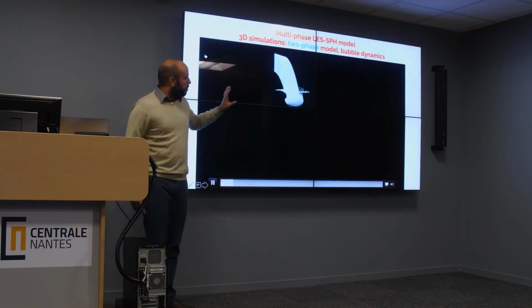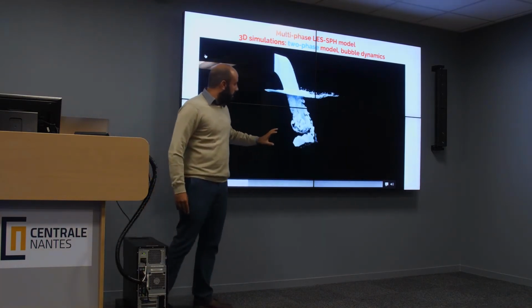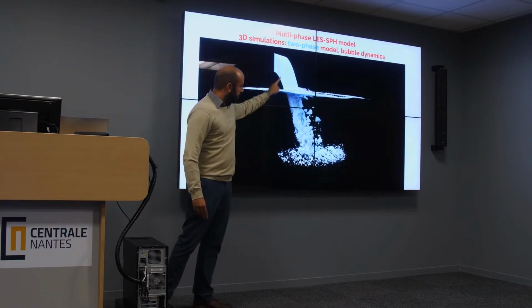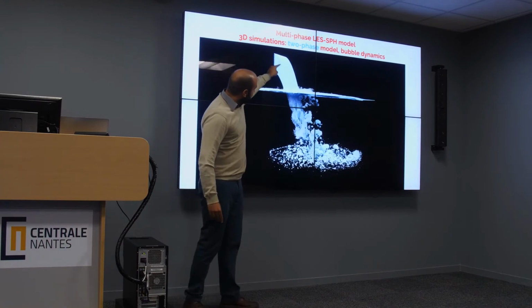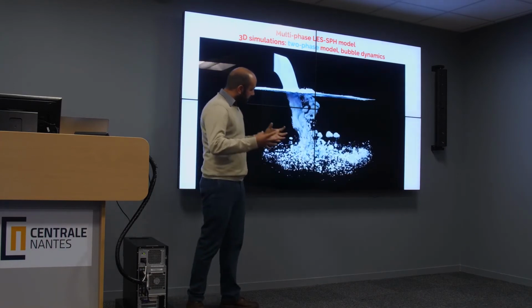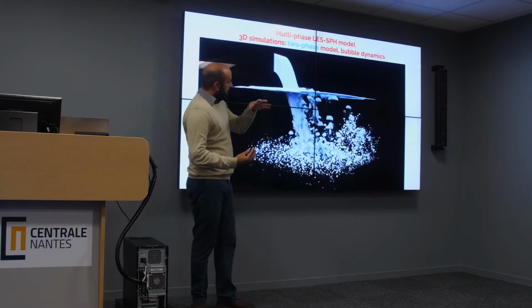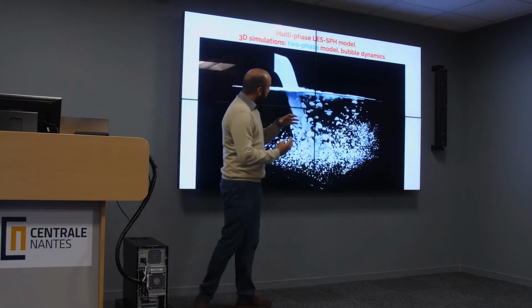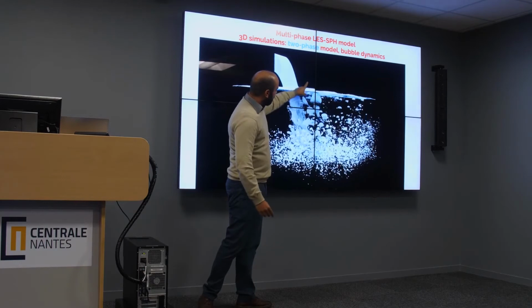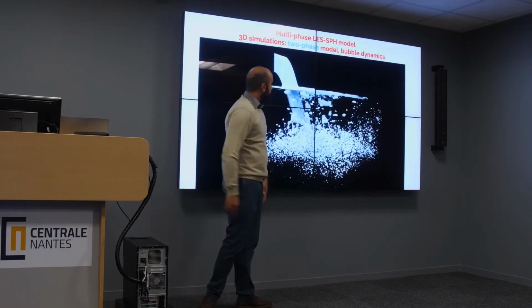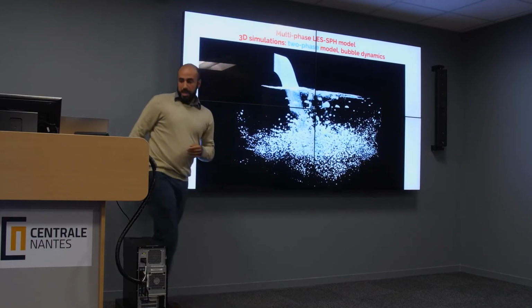In this multi-phase simulation, here we have only the air phase, so we are looking only at the bubbles inside the water. You can see that the bubbles come into the jet, and then they merge into many other bubbles, and some of those merge later on, going to the free surface, bursting at the end on the free surface in a very complex manner.